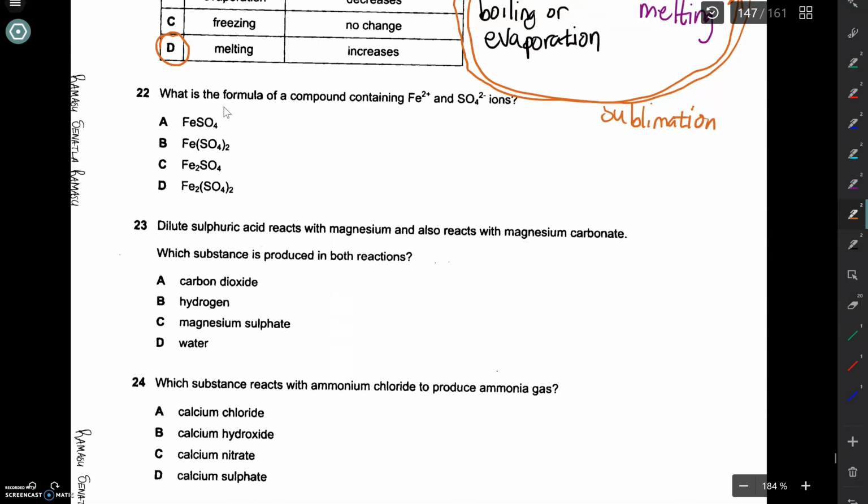Question 22 says, what is the formula of a compound containing iron 2 plus ions and sulfate ions, right?